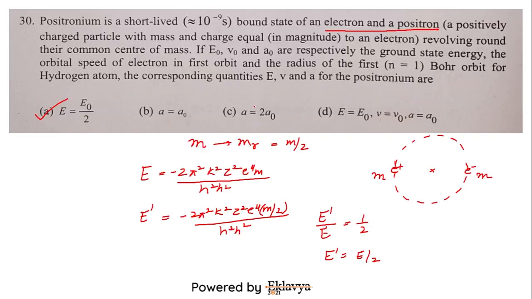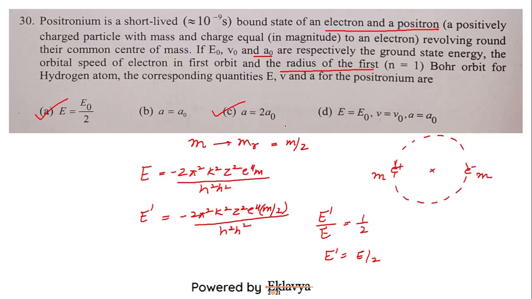So for the positronium atom, we will have everything the same, like n square h square by 4 pi square k Z e square, m by 2 we will have. That means when we divide r dash by r, we get 2. So the radius will be twice of what we get in the Bohr model. So here radius is being represented by a naught, so this will be correct.